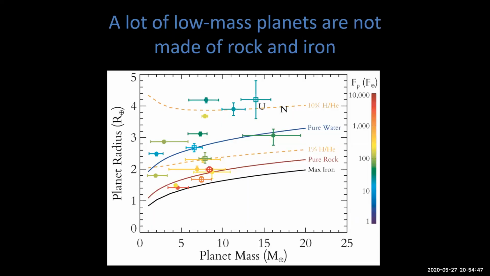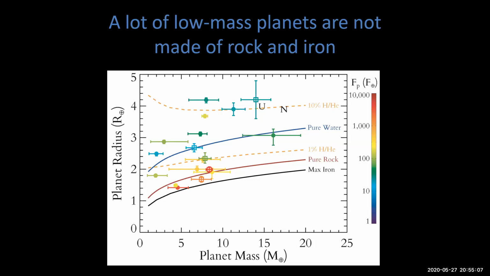Let's see. It turns out there's a lot of low mass planets. So based on those density calculations, that bulk density, there's a lot of low mass planets that are not rock and iron. We think there might be a carbon planet. There might be a water planet.